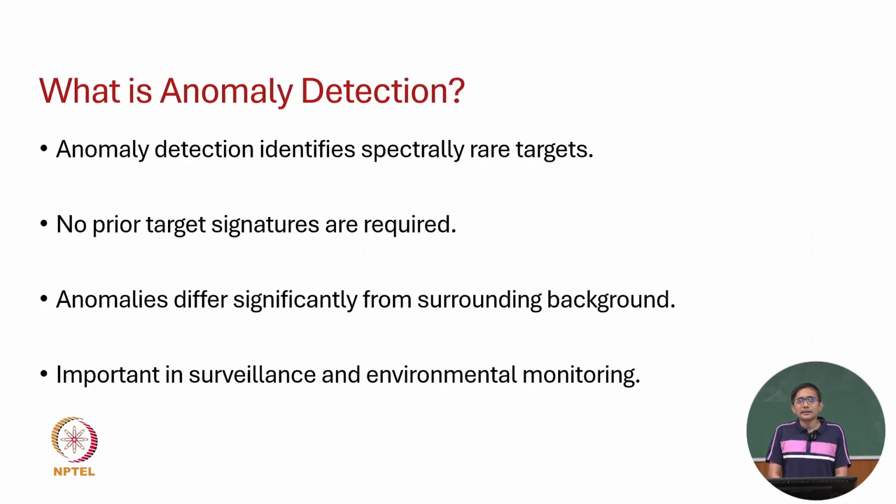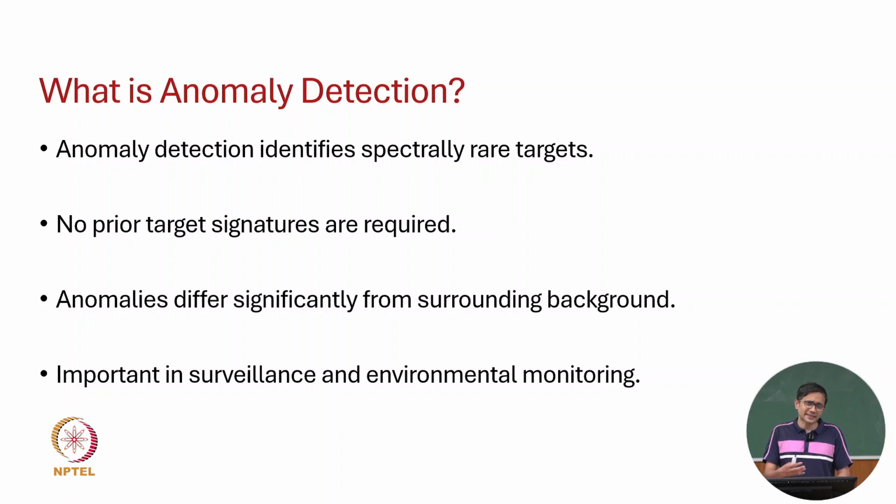Now, let us move ahead to our discussion on anomaly detection. First, let us try to define anomaly. Anomaly detection identifies spectrally rare targets. In our case of hyperspectral images, no prior target signatures are required for anomaly detection.